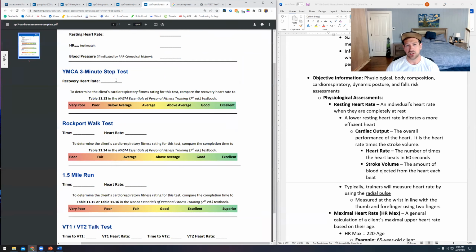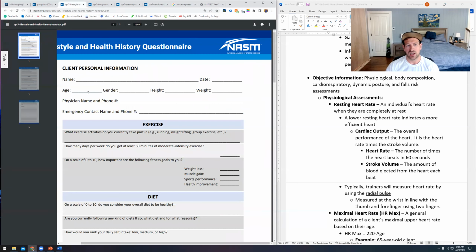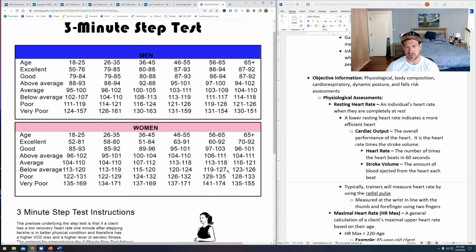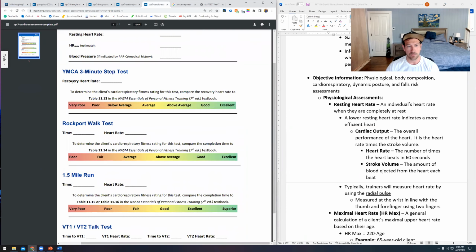Then I look at my client's age, and they are 67 years old, and they're female. So I look at the female, and I go, okay, they're 67, so that puts them in this category right over here, and their heart rate was 113. That's going to put them somewhere between average and above average. So then I go back over here, and I have that 113 written down, and I'm going to circle, maybe right in between these two.